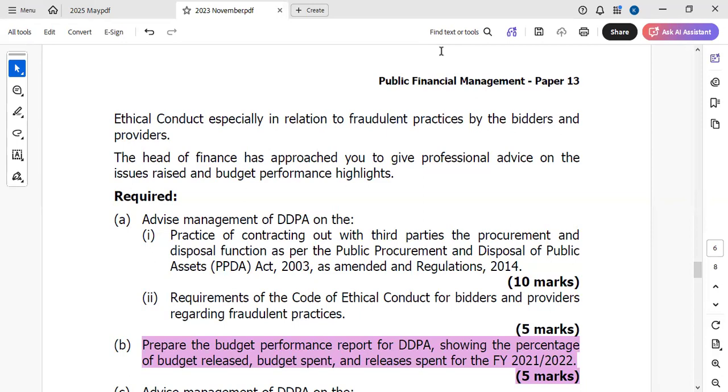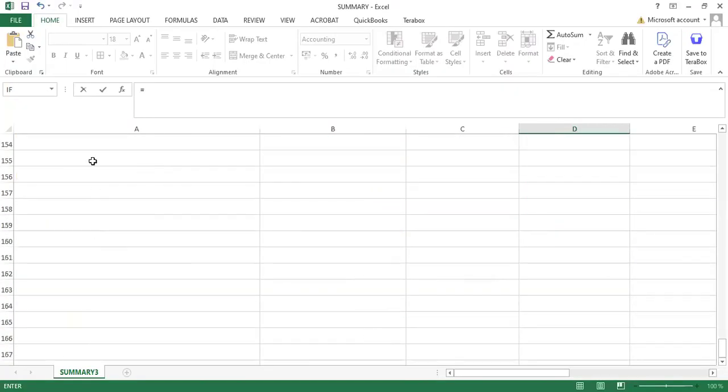In your free time, because I really can't do this number now, try the budget question. Try this budget question in your free time. I'm not going to do it now.